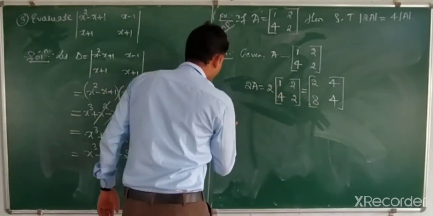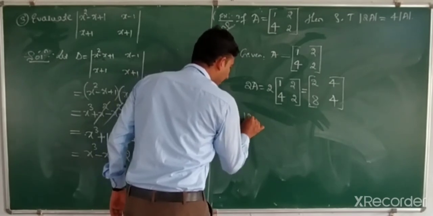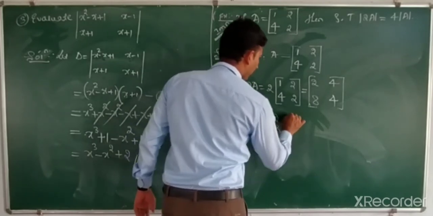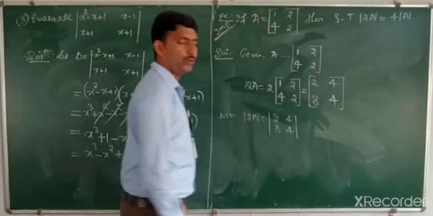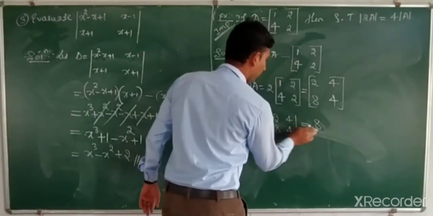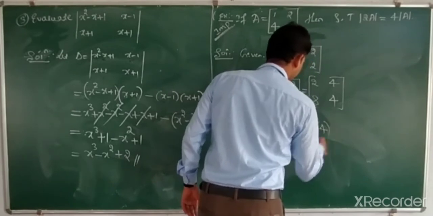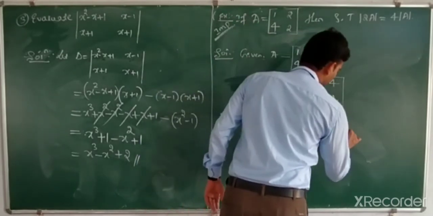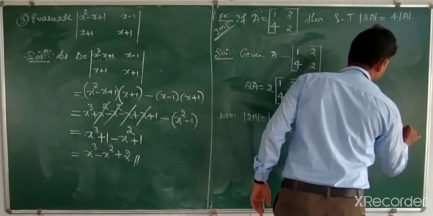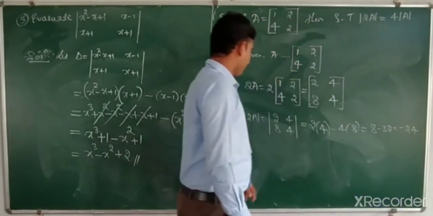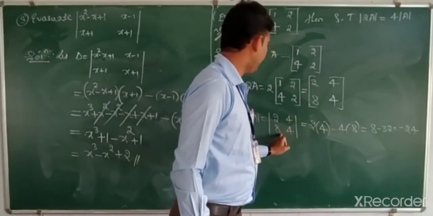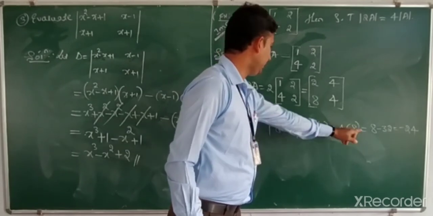Now determinant of 2A is equal to, this value becomes 2 4 8 4, which is nothing but, I will write it in a simple manner, 2 into 4 minus 4 into 8, which is nothing but 8 minus 32, which is equal to minus 24. 2 into 4 minus 4 into 8. 2 into 4 is 8.